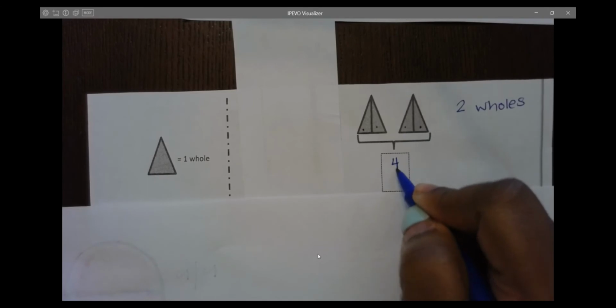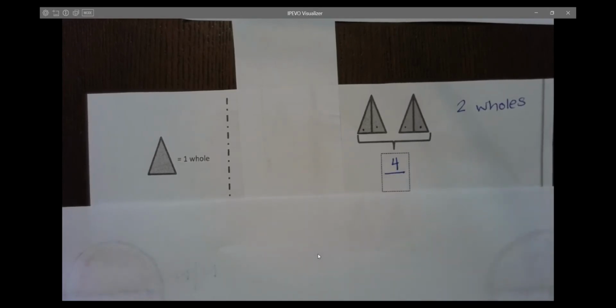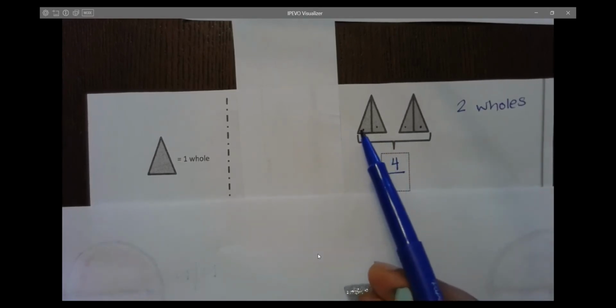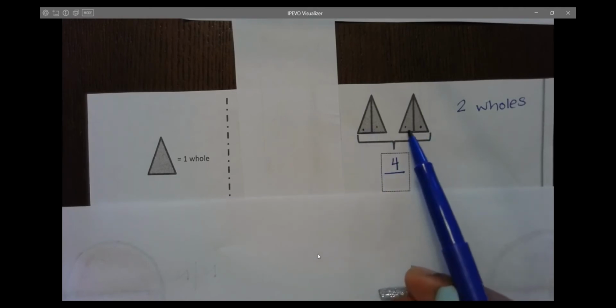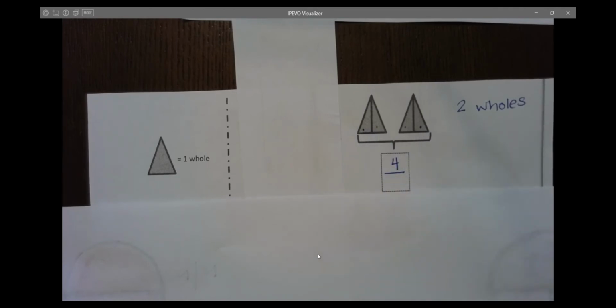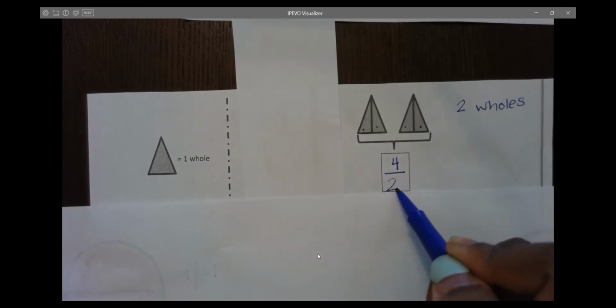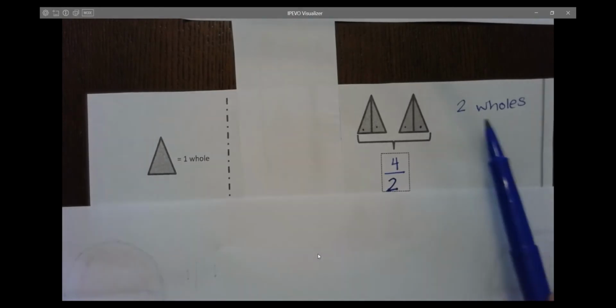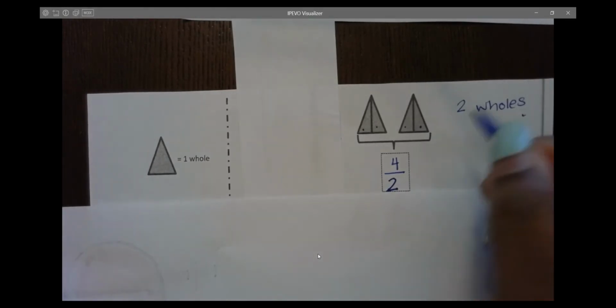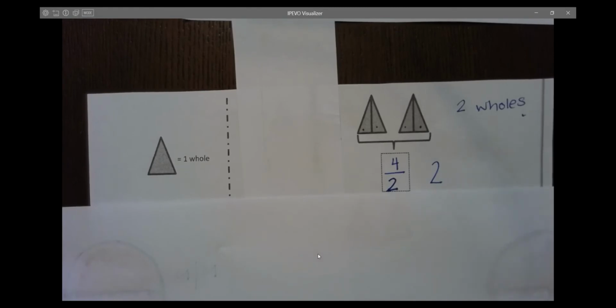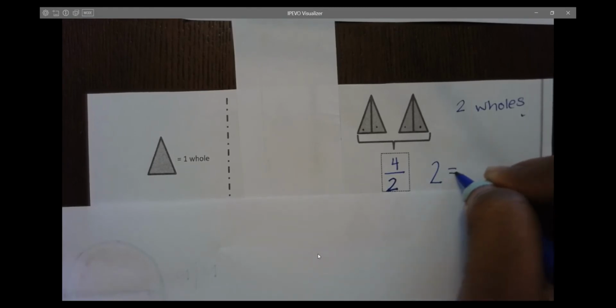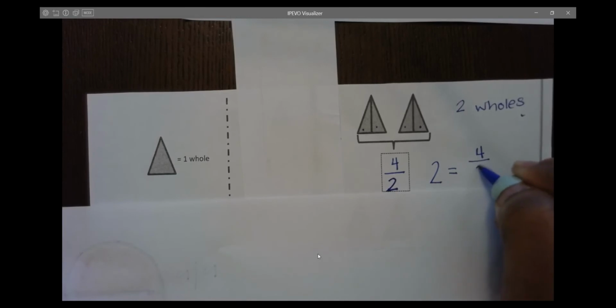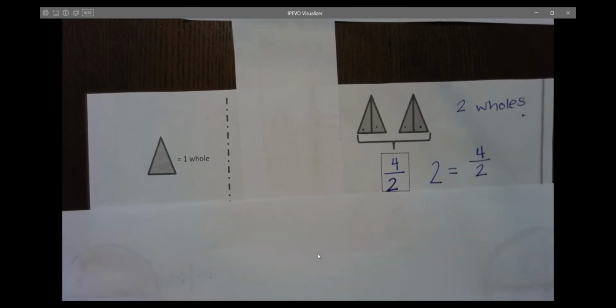So that's our numerator, and it goes on the top. And each one of these is broken into 2 pieces. So our denominator is 2, because that's the number of total pieces we have. So 2 wholes, we can just say 2, is the same as or equal to 4 halves, or 4 over 2. Let's try another one.